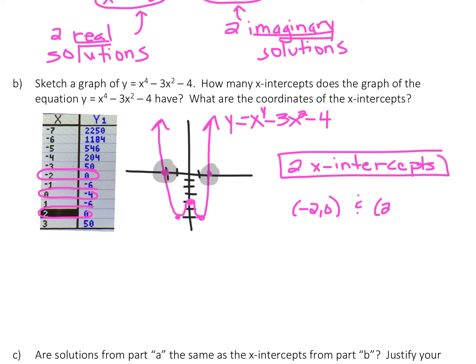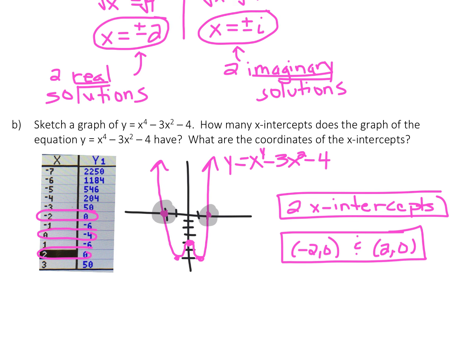All right, and then I just want to make a quick little note. I'd like you to notice that up here, I'm going to slide this up a little. We had 4 solutions. We had 2 real solutions and 2 imaginary solutions. Now look at our real solutions, +2 and -2.